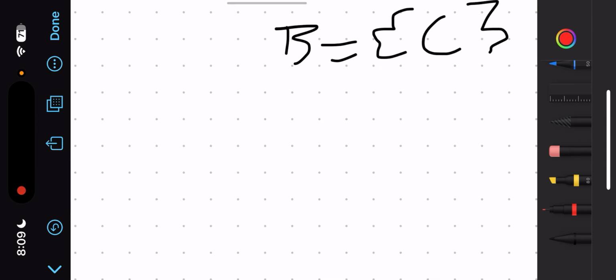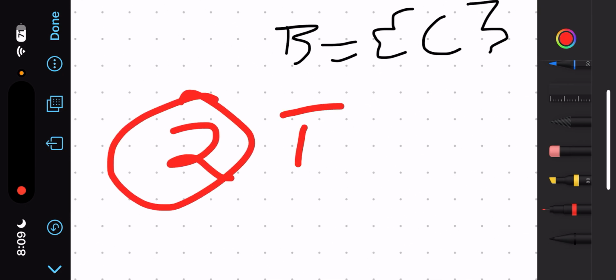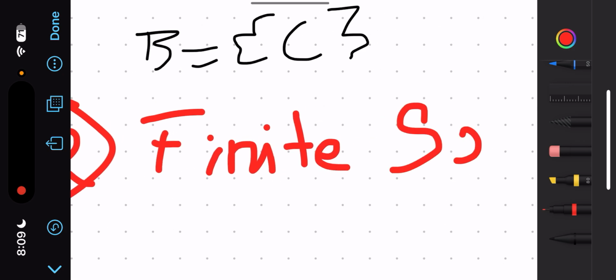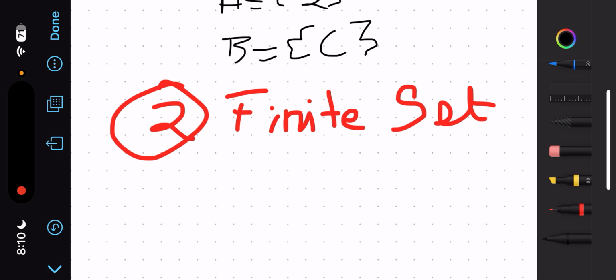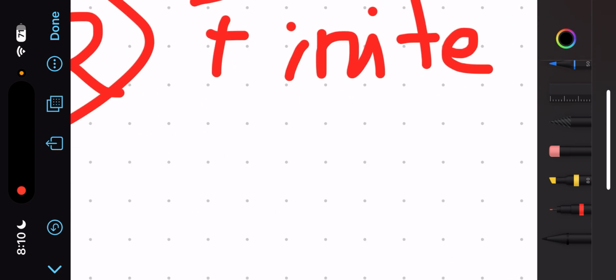Then we have the finite set. As I told you yesterday in part 1 about whole numbers and natural numbers, natural numbers never stop, they go on. A finite set is a set having a finite number of elements, a number that we can count.